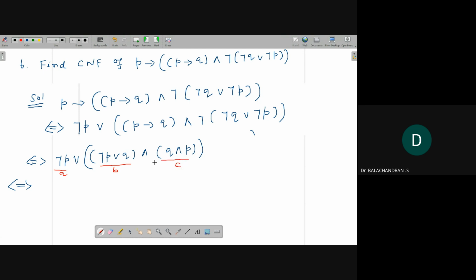So this is the crucial point. Initially, students find it a little difficult to decide which one we should take as A, which one as B, which one as C. These types of problems you may face.